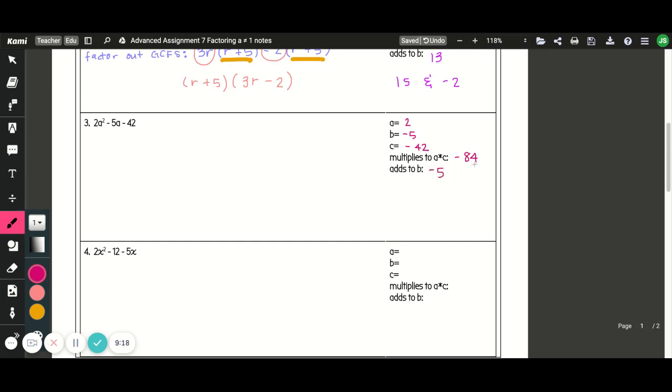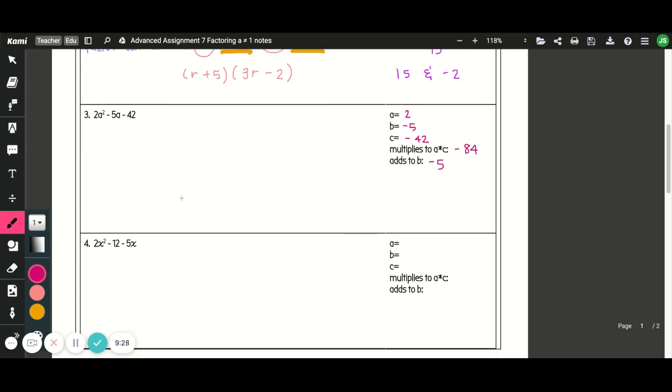Since they multiply to a negative, I know that 1 has to be negative, 1 has to be positive. So 2 numbers that multiply to negative 84 and add to negative 5. So 84 is 12 times 7.